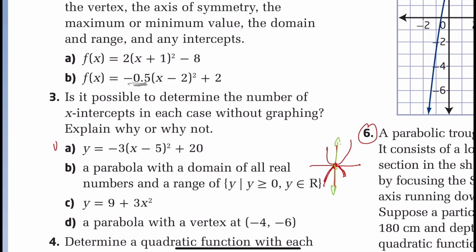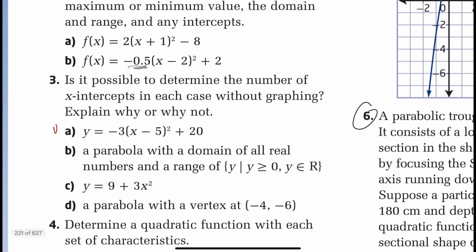And if I look at my range, from whatever they are telling me, the range is above 1. That means I will keep this one and I will cancel this one. So it is touching the x-axis in 1 point.